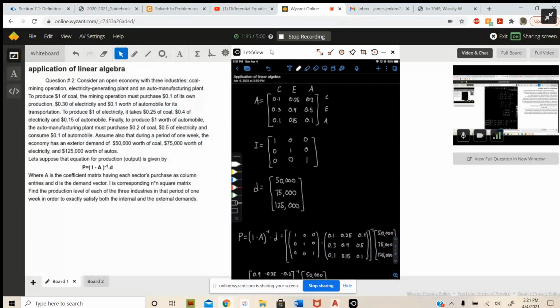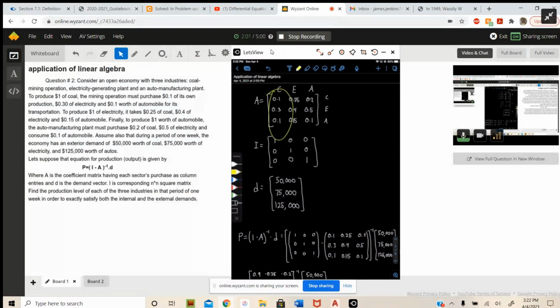The first step in any equation is to identify the variables that are given to you. So in the first section, we identify A, the coefficient matrix, with all of the purchases of one industry in each column.